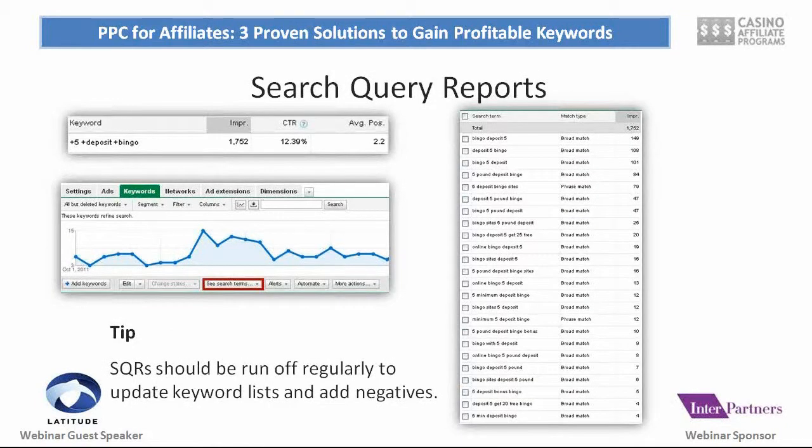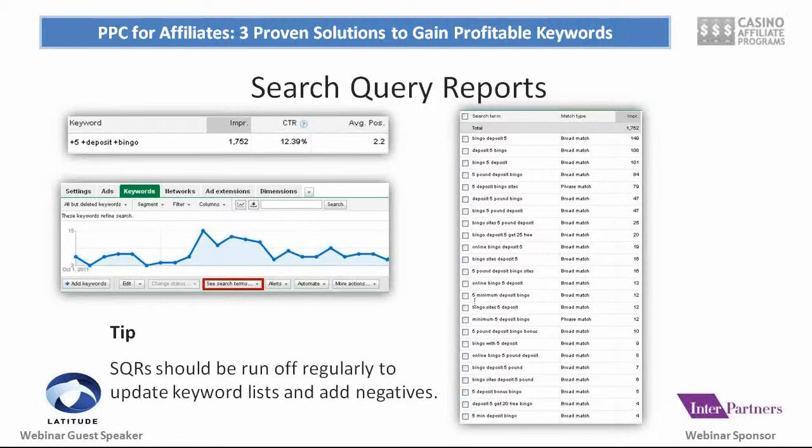Now, I've mentioned a number of times the importance of these search queries and these search query reports. If you want to run one off, then in the second screenshot, you need to go onto the Keywords tab within AdWords and then look for the button that says See Search Terms, which I've highlighted for you.